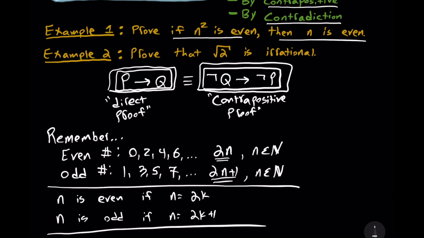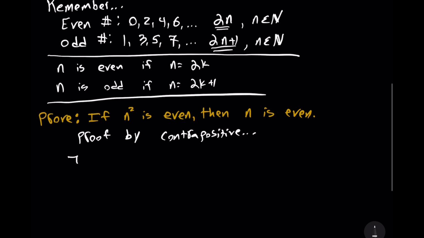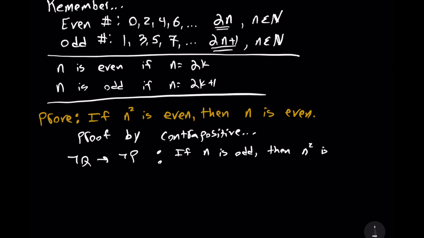So we want to prove if n squared is even, then n is even. Like I said, a direct proof would be quite difficult, but let's try a proof by contrapositive. So we have if not Q, then not P. Or in other words, if n is not even but odd, then n squared is not even but is odd.